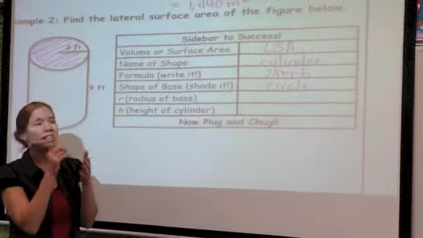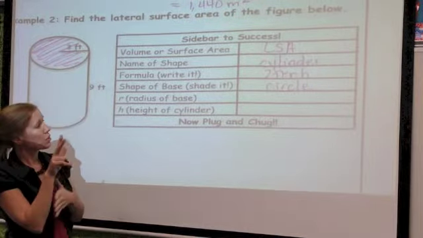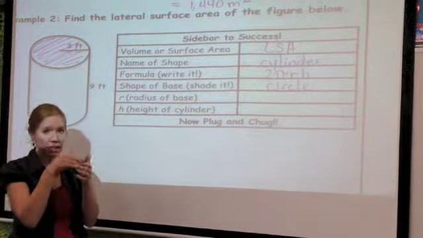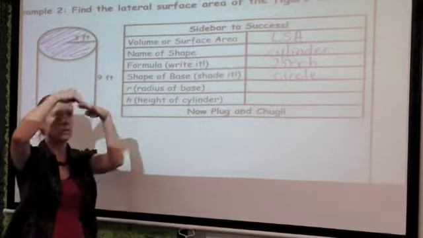Now this one is really easy. It already has the radius for me. That is 3. And then again, remember the height is the line that connects the two bases.